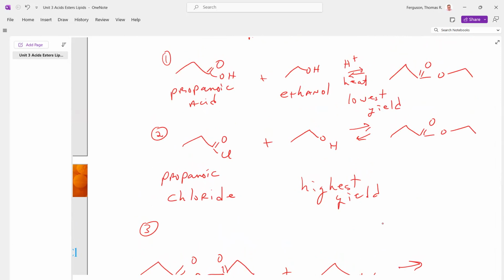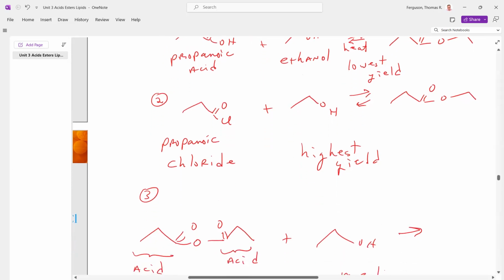Acid chloride plus the alcohol gives the maximum highest yield. And then the anhydride is in the middle.